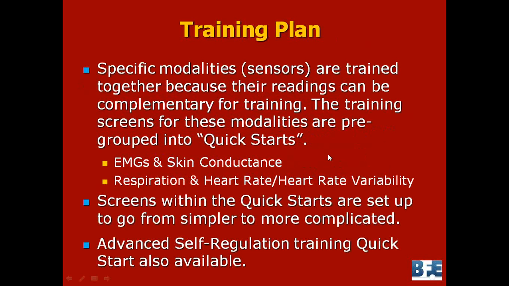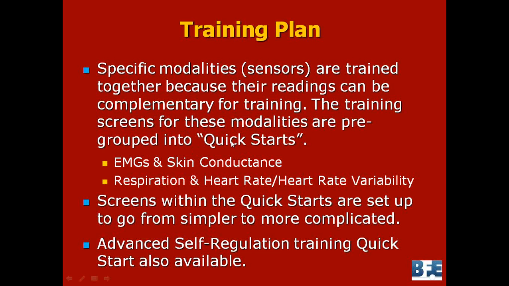The suites training aspect groups certain sensors together according to what's useful for training. So we've actually grouped the EMGs and skin conductance together, and the respiration and heart rate variability together. These sensor groupings appear on the training screens, and the training screens are already predefined into groups called quick starts. It sounds a little bit confusing, but it'll make sense in a moment.